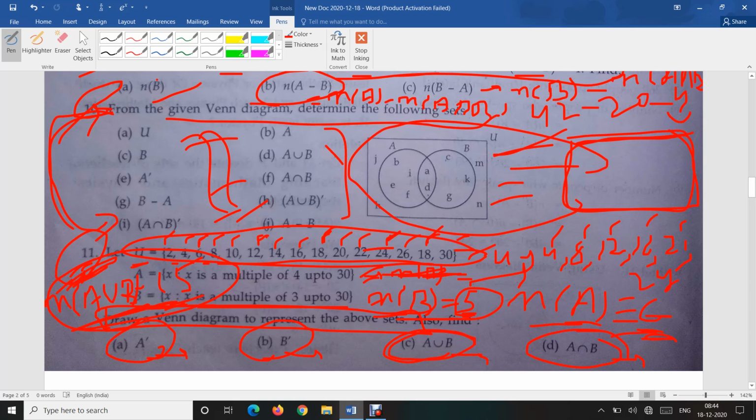In n of A you have 6 elements, so this portion is 6, n of B is 5, and the intersection portion will be here, A dash will be here, B dash will be here. Okay, now you can draw the Venn diagram easily.